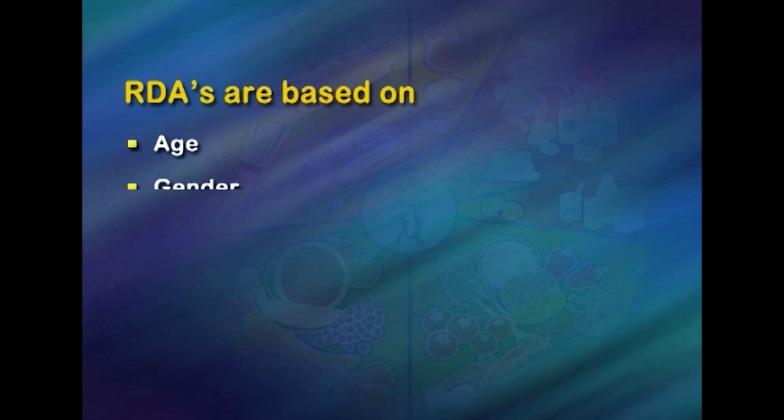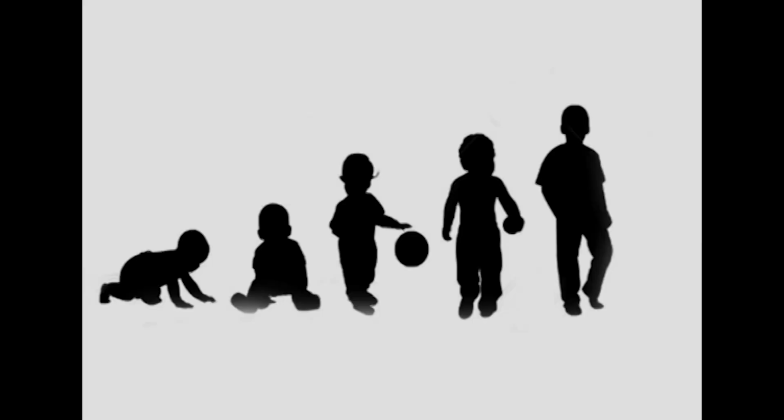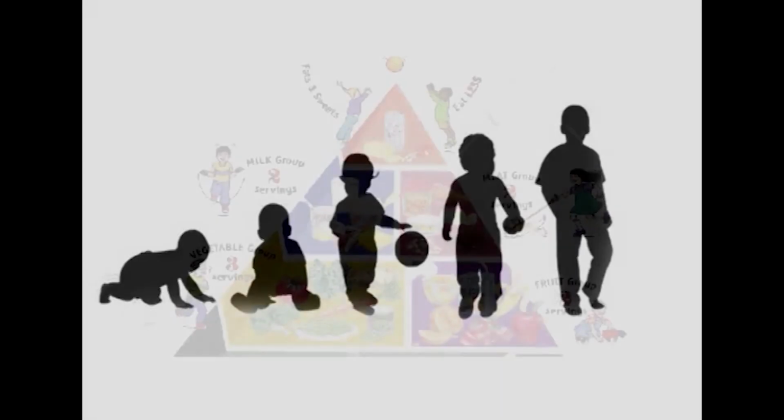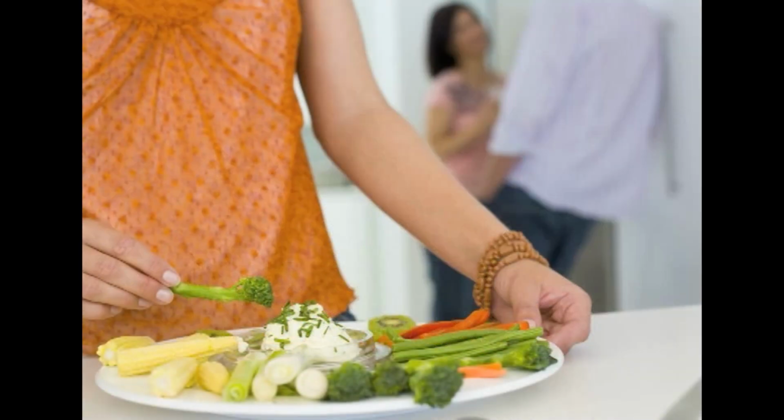RDAs are based on age, gender, body size, type of activity and physiological state. For example, a child will require more calories and proteins when compared to an adult. Females require less calories and proteins because of their lower BMR. A thin and lean person will again require less calories when compared to a person who is overweight.